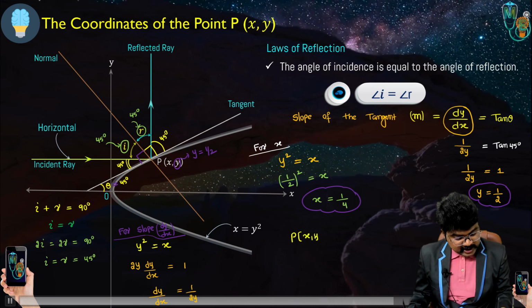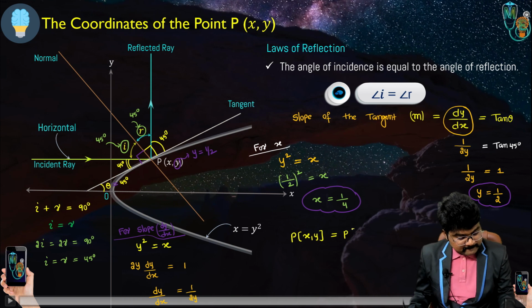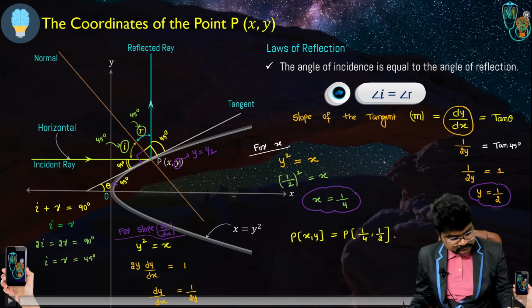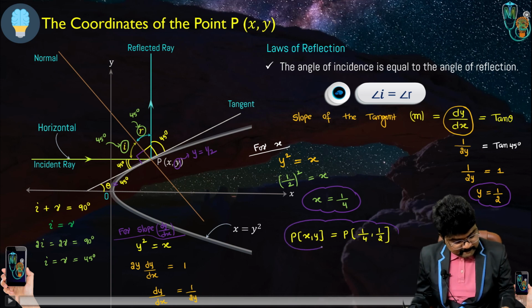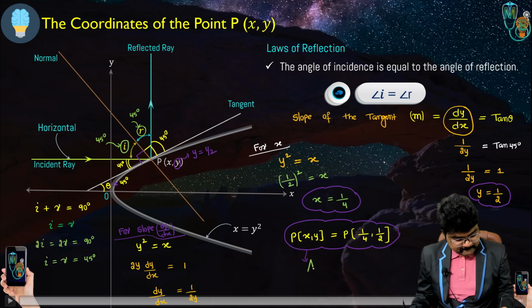X comma y equals P, which is 1 by 4 comma 1 by 2. This is the final answer to this question.